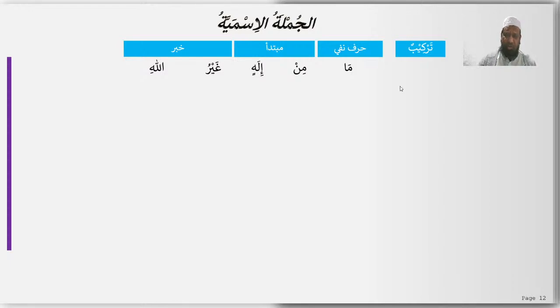Number 1, this harful jar is coming after nafi, and the word after harful jar is nakira. So this min is a zaid. I can translate this. Ma min ilahin. Remember, ilahin is already nakira, but min makes the ilah more nakira and gives us the stronger meaning of this statement. Ma min ilahin ghayrullahi.